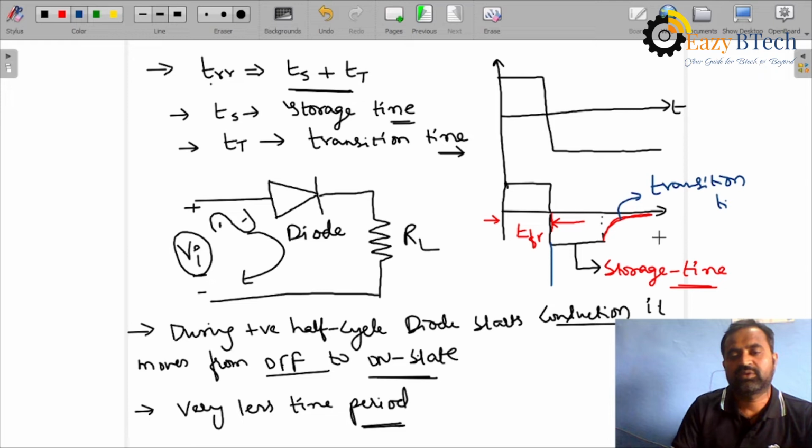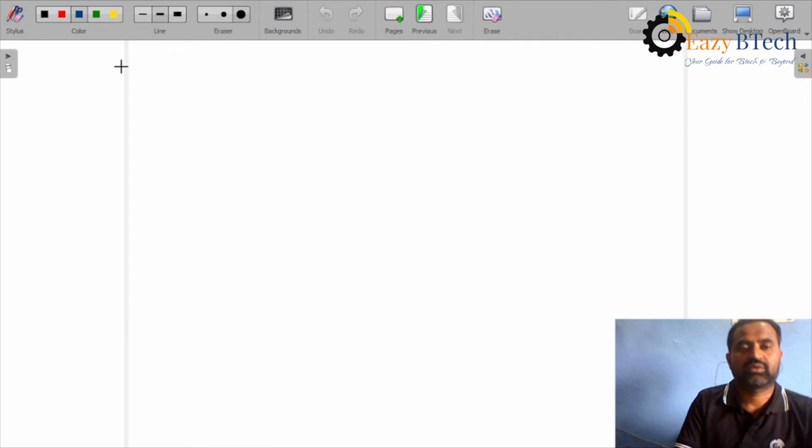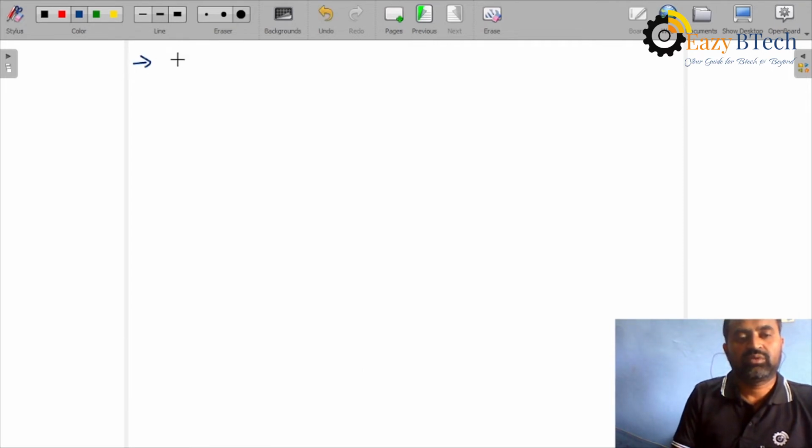From here to here we will call TRR, the reverse recovery time. You can see the storage time.